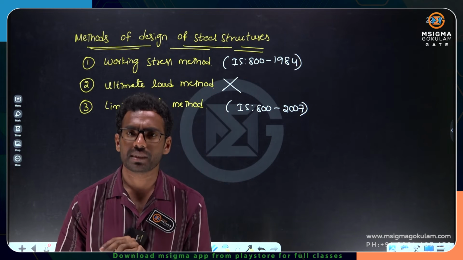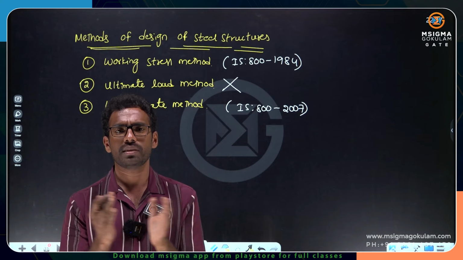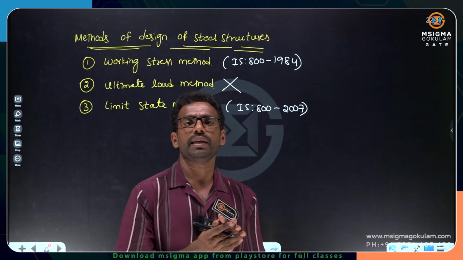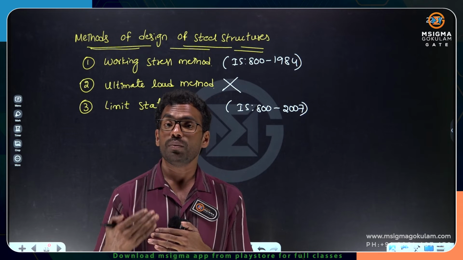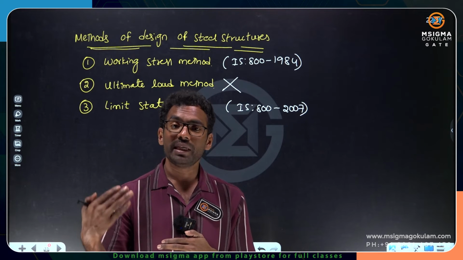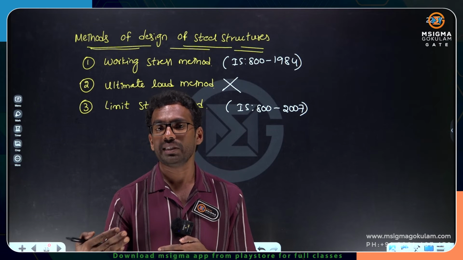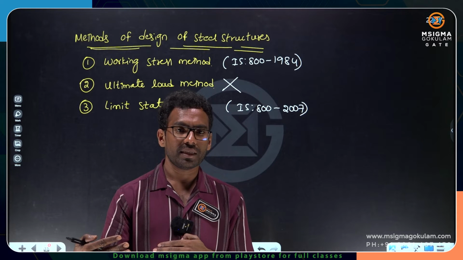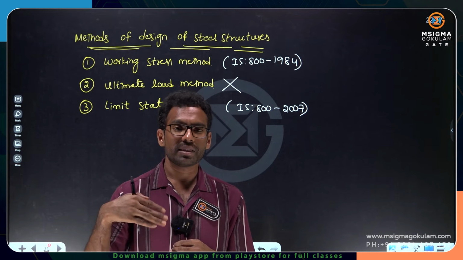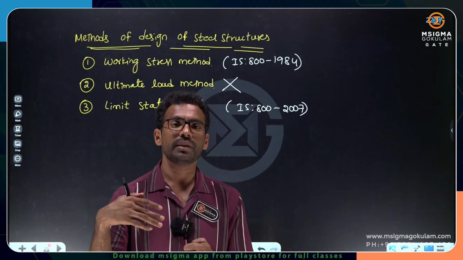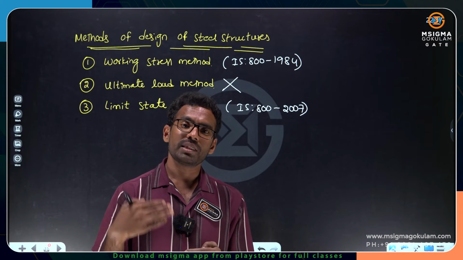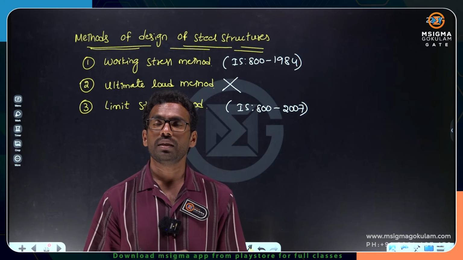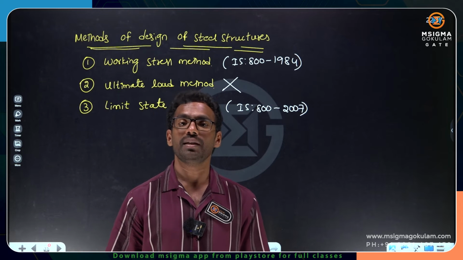Whenever you want to design any kind of structures, steel or reinforced cement concrete, the material should be at a lower stress condition than its maximum capacity. Whatever the capacity of the material is, you apply loads which induce a stress less than the permissible stress, and then we can say that the material is safe.